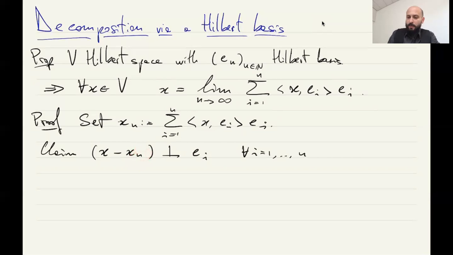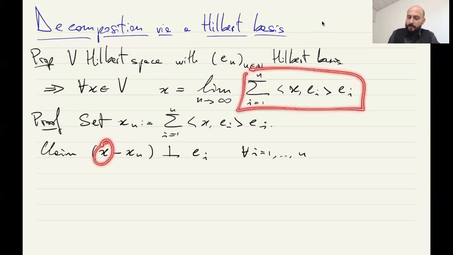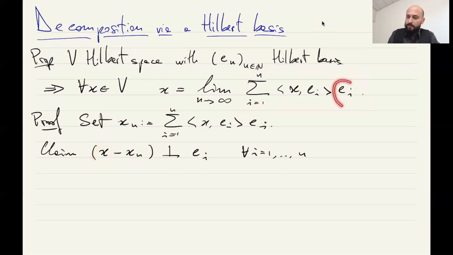So when we remove this sum from x, it becomes orthogonal to those vectors that we used to define the series.